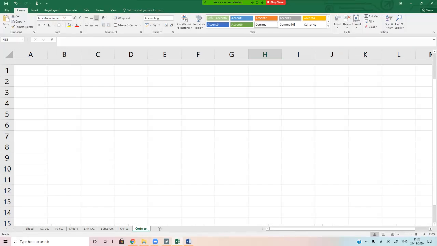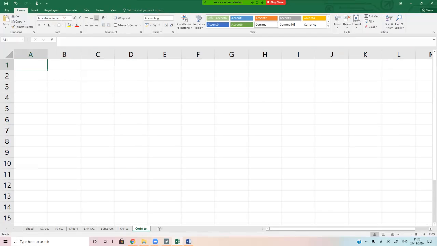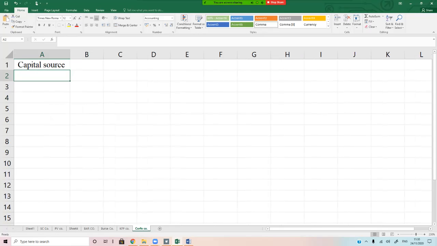So the usual process, okay, first thing is to get to know where the money is coming from, the capital source. Simply going through the balance sheet, there's equity, there's preference share, there's notes, and there's a loan.